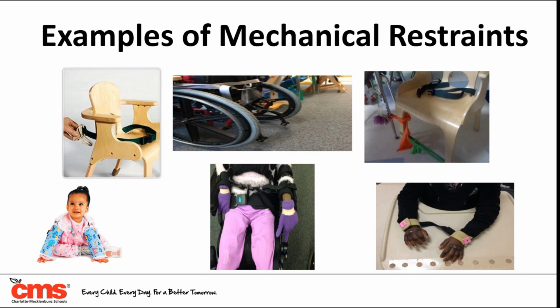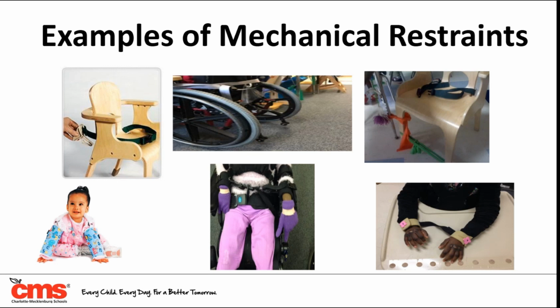And this may be used to support them to decrease that behavior, right? But like I said, there are other things that we want to do before we go to a mechanical restraint. We want to make sure that we are eliminating the possibility that we can decrease this behavior with other interventions. So that is what you're seeing there. Those are some gloves, and they have a little wrist buddy wrapped around the glove.